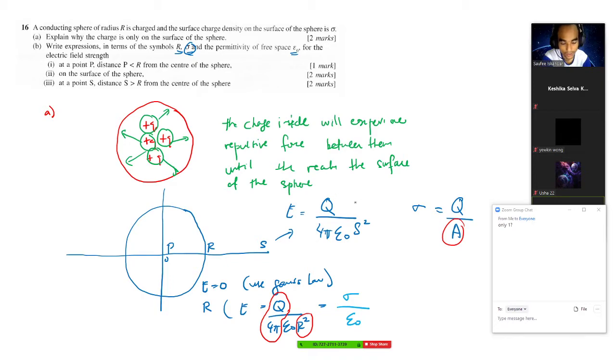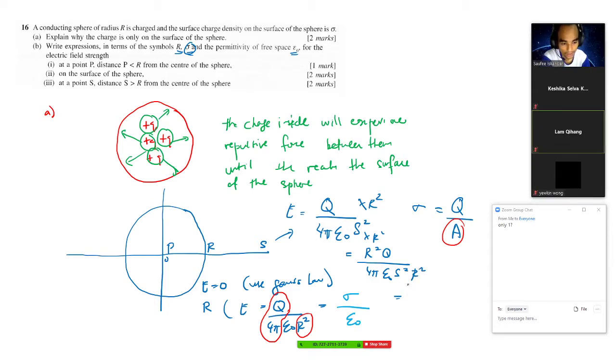We cannot use all the other things, just sigma. So we multiply both sides by R squared. If we multiply by R squared, we have R squared Q divided by 4 pi epsilon naught S squared R squared. Okay, and we use back the sigma.